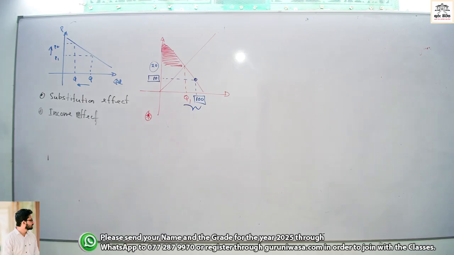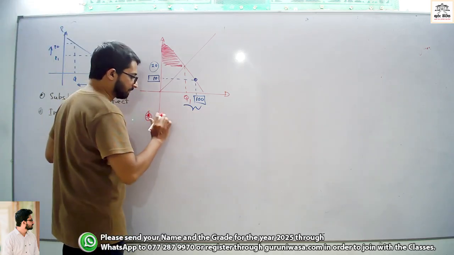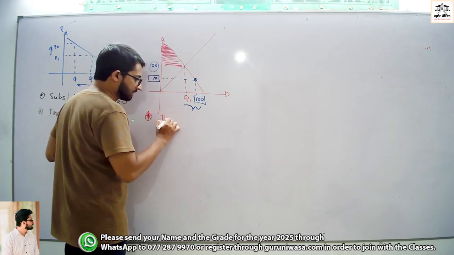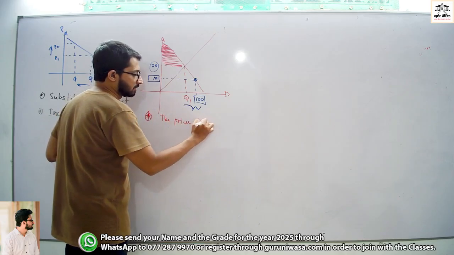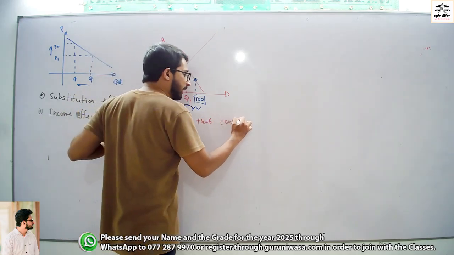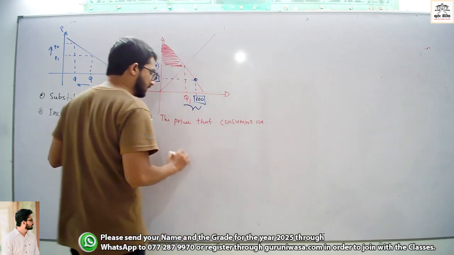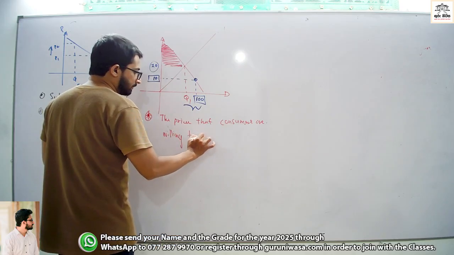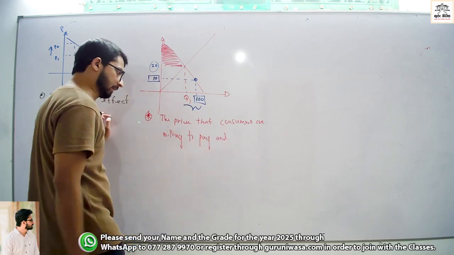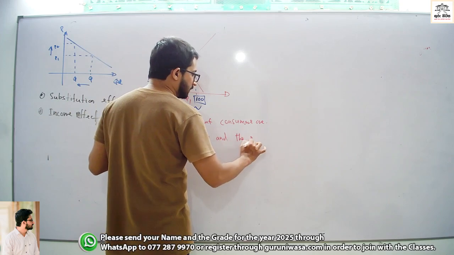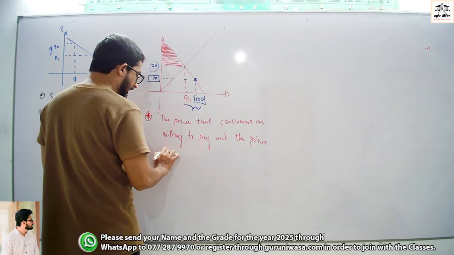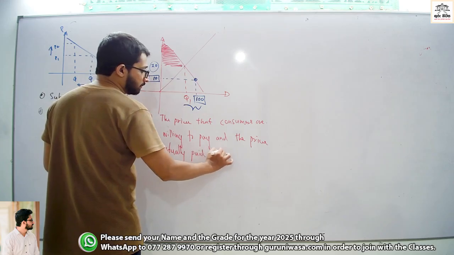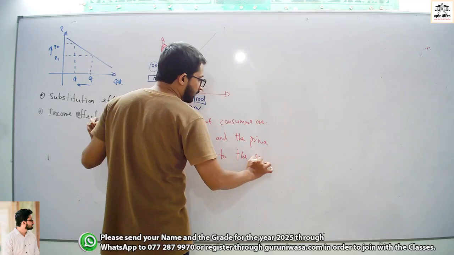The main point is, when defining consumer surplus, remember, it is the difference between the price that consumers are willing to pay and the price actually paid. Up to which point? Up to the equilibrium.